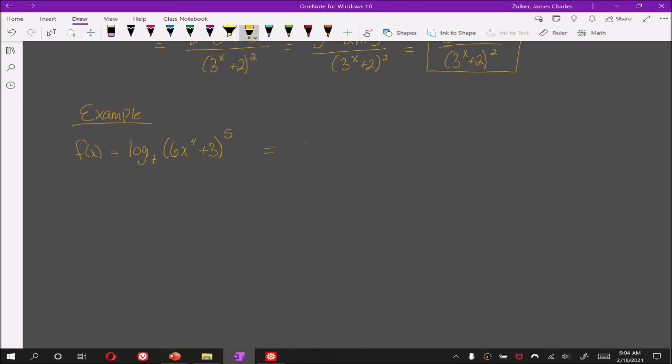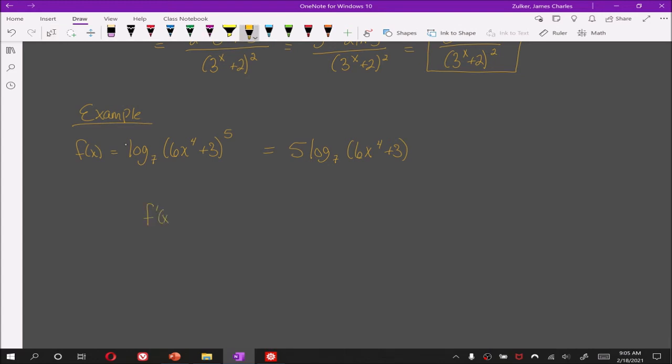Write this as 5 log base 7 of 6x to the 4th plus 3 using the laws of logarithms. If you can simplify your logarithm as much as possible before taking its derivative, generally speaking, it'll be algebraically simpler. I leave it to the viewer to not do the simplification and just take this derivative and verify you will get the exact same answer.